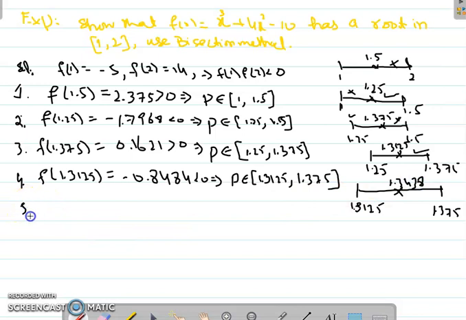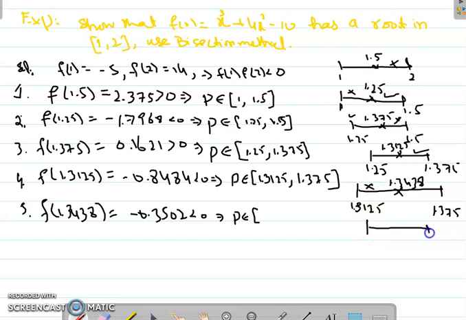So on the fifth iteration we will check this value 1.3438, which is equal to minus 0.3502, which is again less than 0. So it means that the root belongs to the interval. This value is negative, and 1.375 is positive, so the root belongs to this, and 1.3125 is also negative, so we will cancel this one.